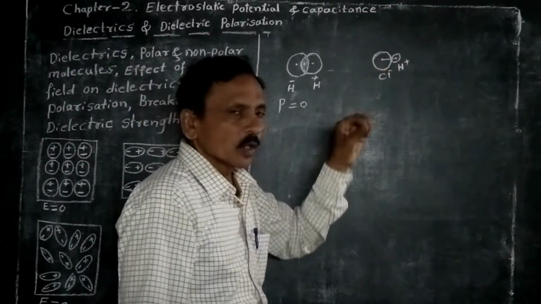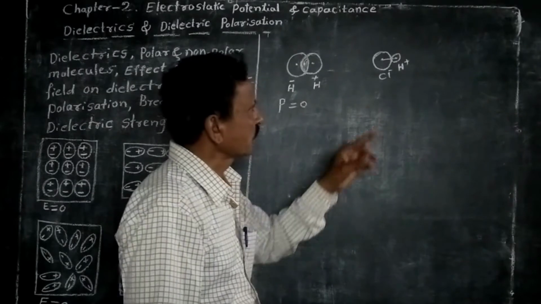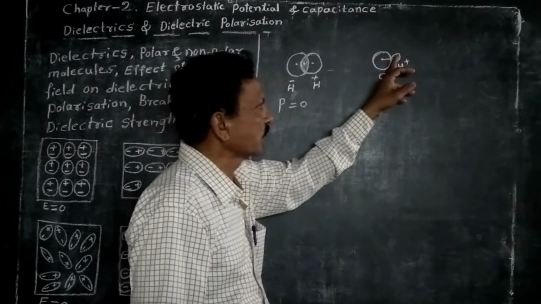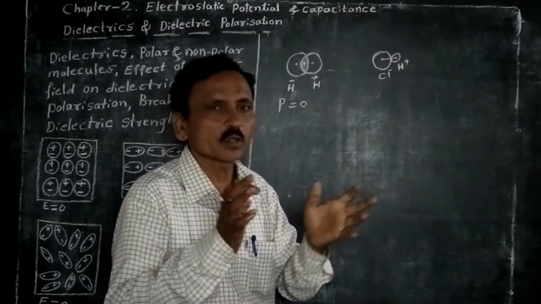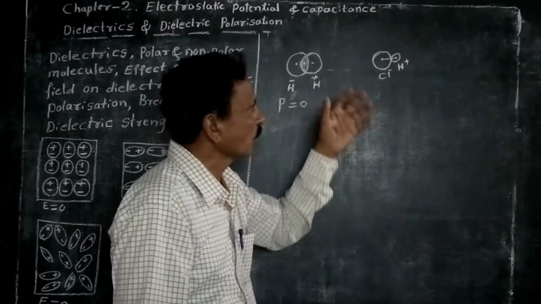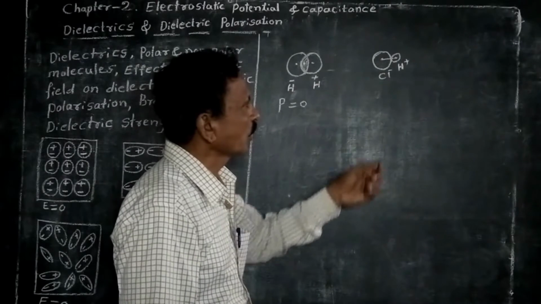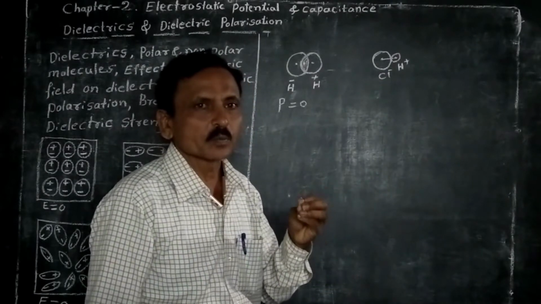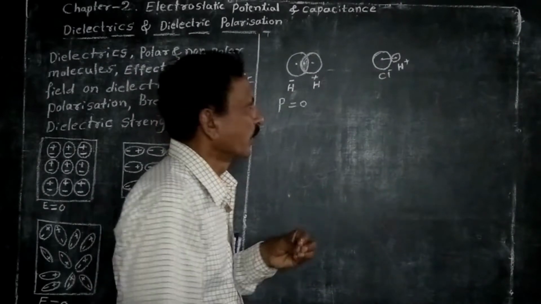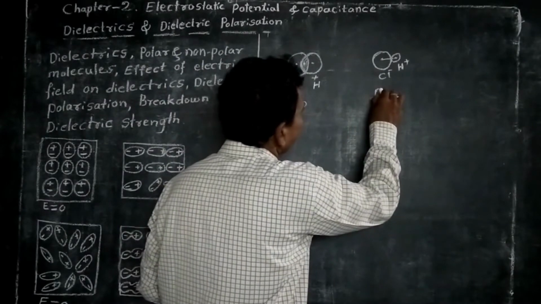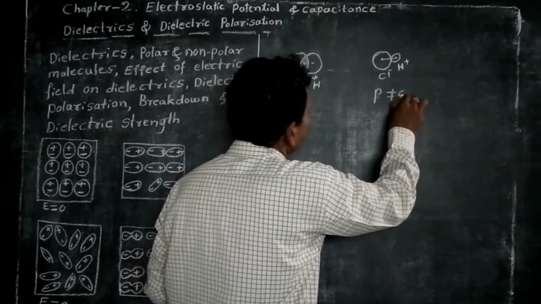And a molecule in which the center of positive charge and center of negative charge do not coincide is called a polar molecule. Polar molecules possess a permanent dipole moment. Here dipole moment P is not equal to 0.